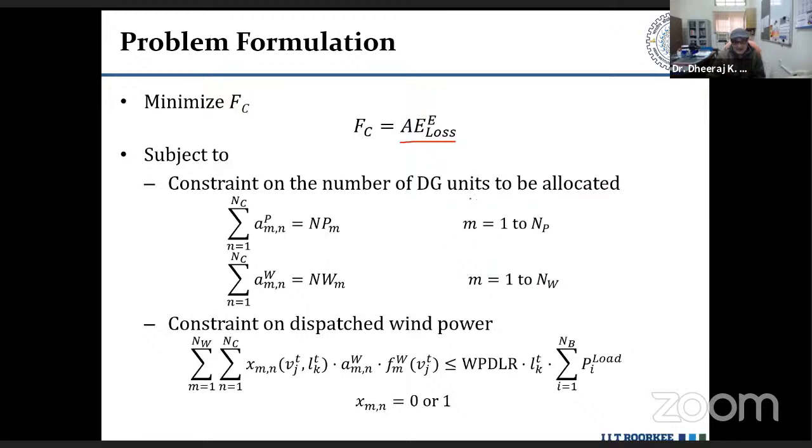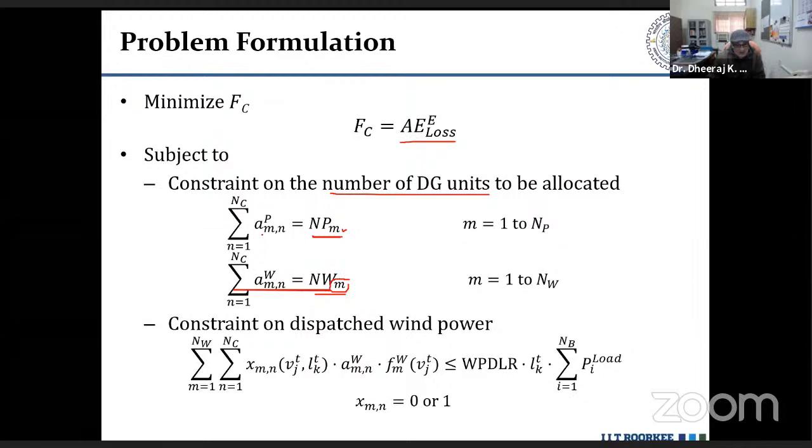So here the number of DG units is pre-decided, that this many units we have to install. Like this is the number of solar photovoltaic arrays of nth type, and this is the number of wind turbines of nth type.